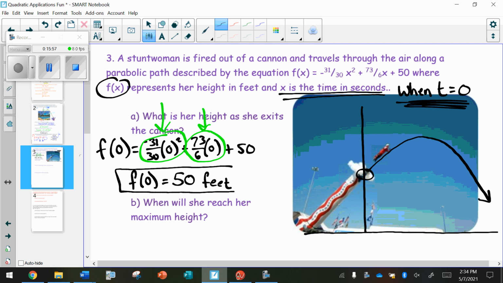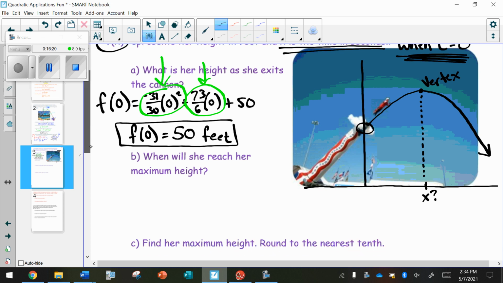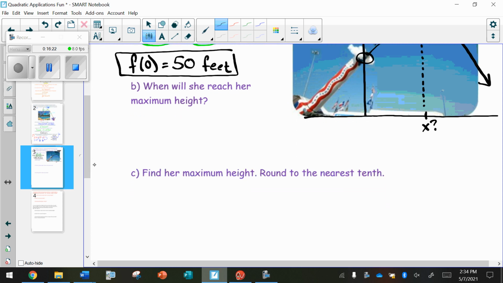That's not so bad. When will she reach her maximum height? So that means whatever that maximum height is, we've got to find when it happens. Now that maximum height is the vertex. And we had a magical formula from a couple units ago to help us find our vertex.